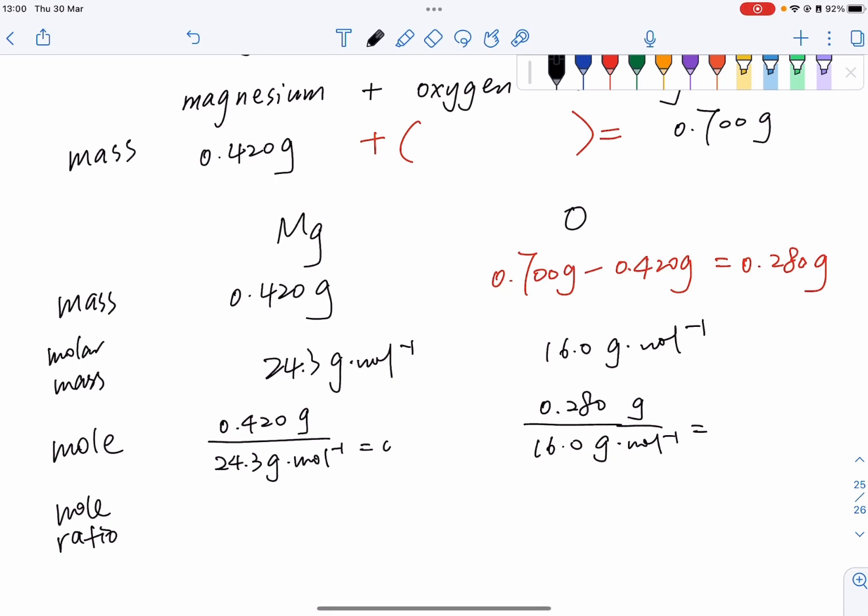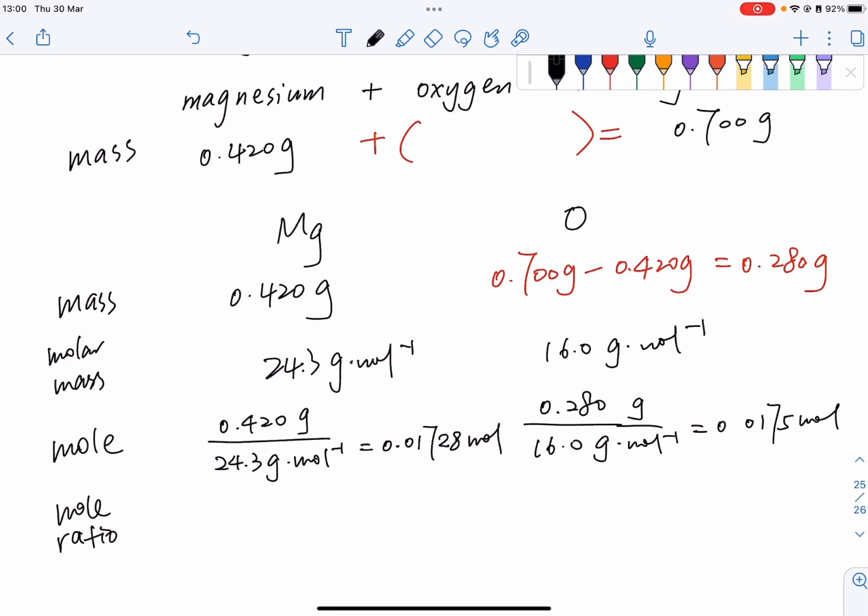The left side is 0.01728. In the middle, I will take 4 significant figures. And on the right, 0.28 divided by 16 is 0.0175.